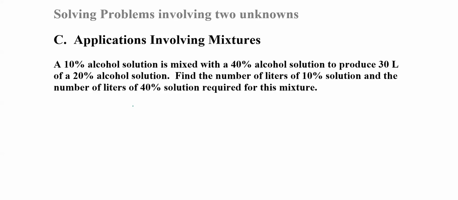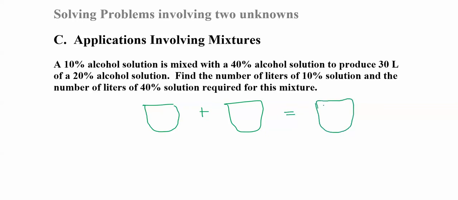I have 2 different bottles here that I'm mixing together to achieve my mixture. So I have x liters, I have y liters, and then I have x plus y total liters.